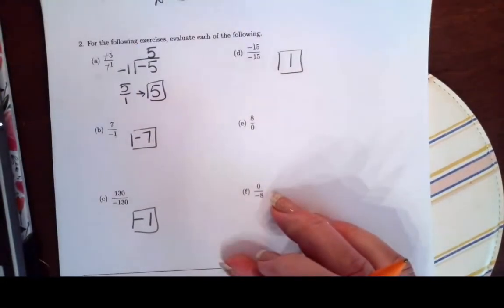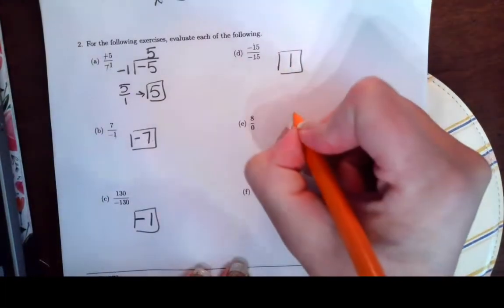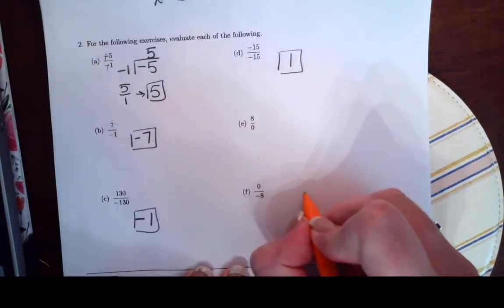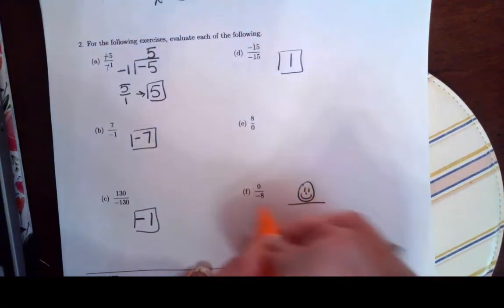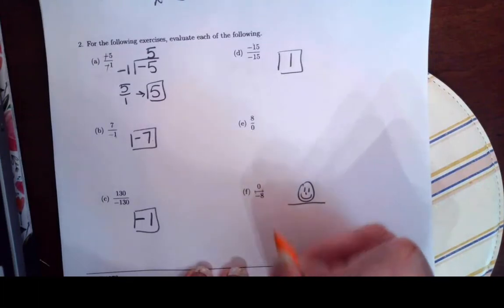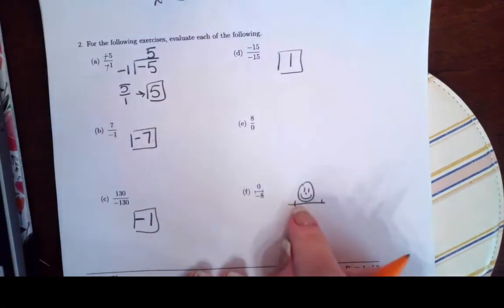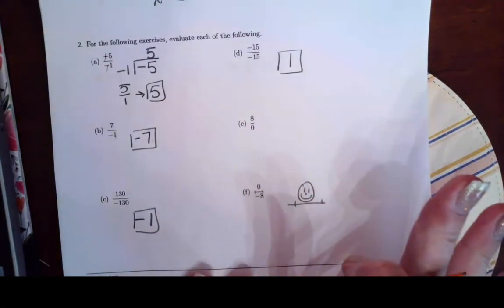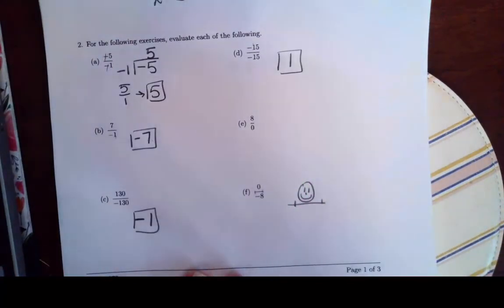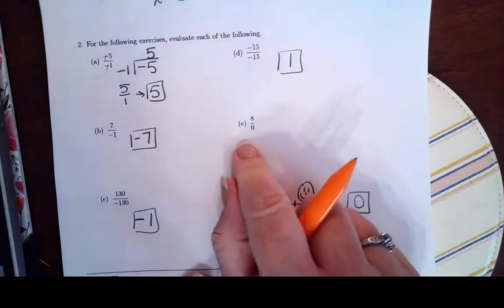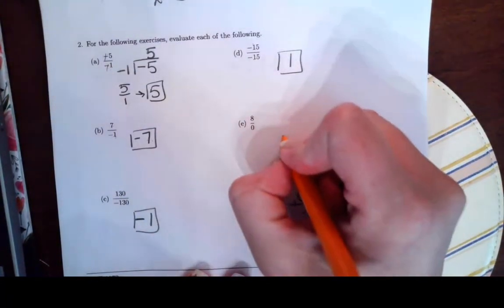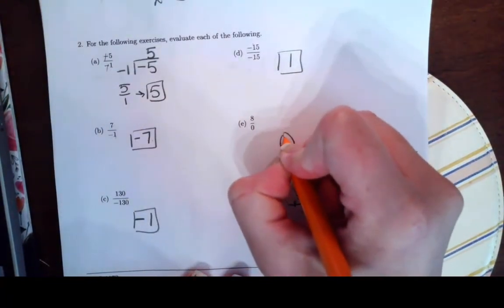What about 8 divided by 0? If you look at it this way, let's actually do this one first. If I have 0 divided by -8, if you think about that as a little man, and the fraction bar are his arms, okay? So there's his little arms. He's okay being right side up. That's perfectly fine. So having 0 in your numerator gives you a 0 for an answer. But if you look at it this way, now he's upside down, which means he's very, very dizzy.